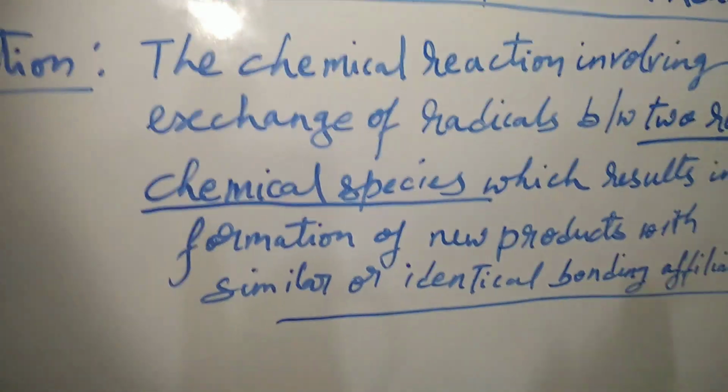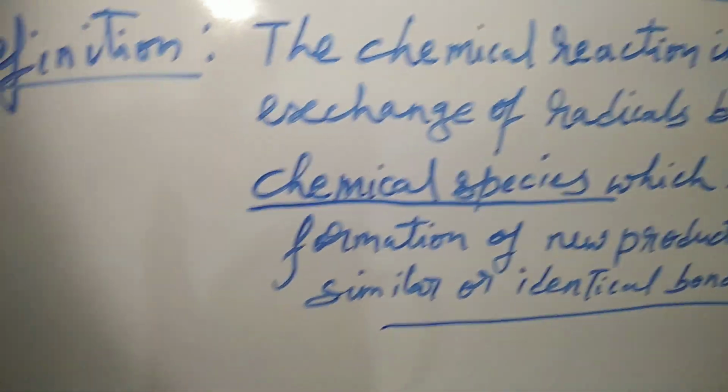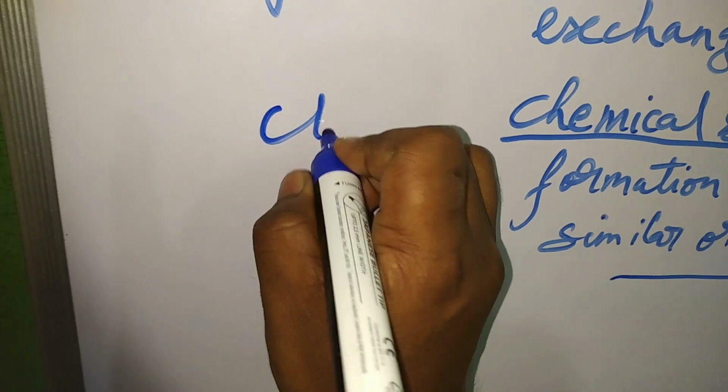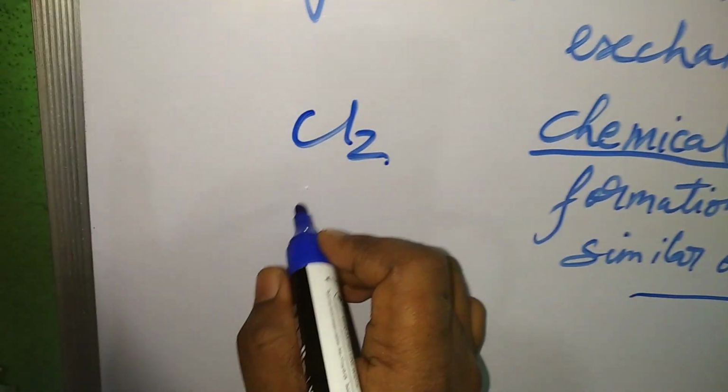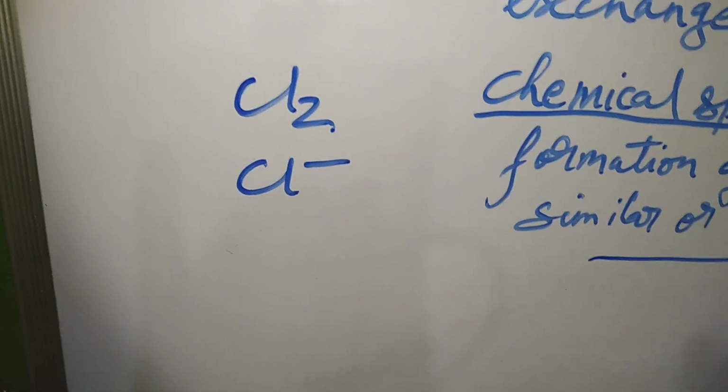Okay, now I told that it can be in the form of atoms also. See, Cl2, it can be an ion also, Cl minus, or a free radical.